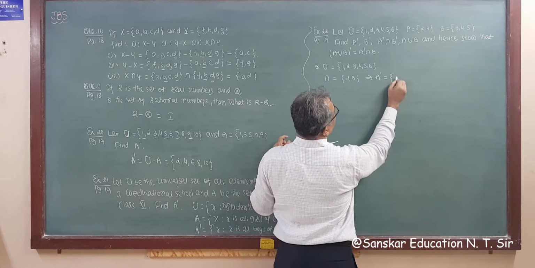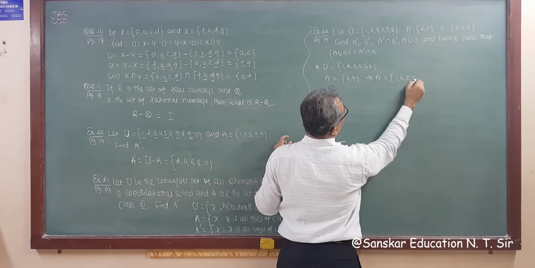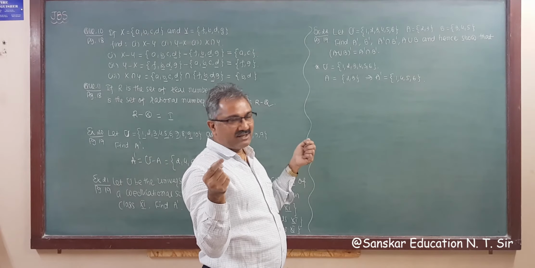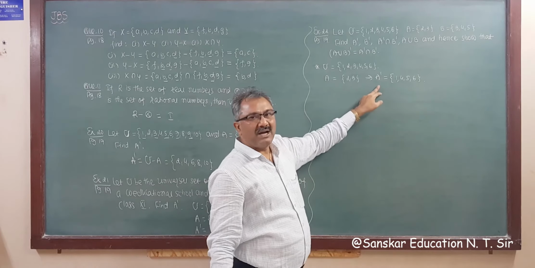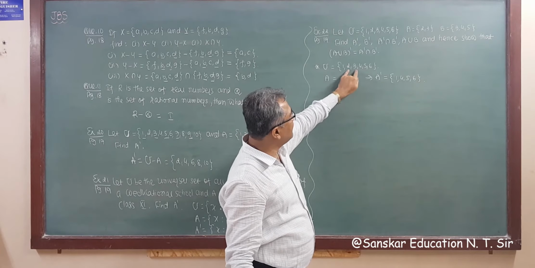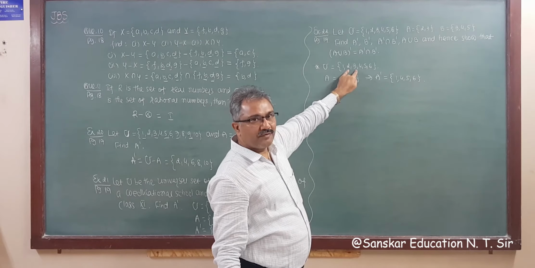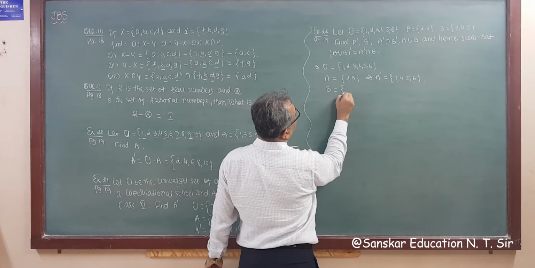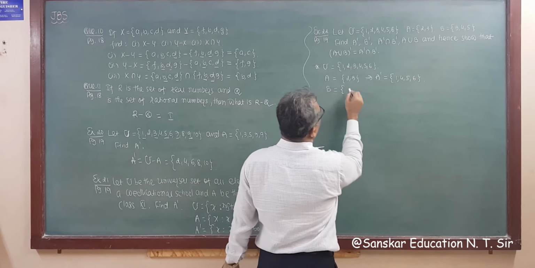So A dash is {1, 4, 5, 6}. Now you are master in subtraction, means difference of two sets, and A dash is U minus A. So remove 2, 3 from this, so remaining is 1, 4, 5, 6, right? Set B is given, what is set B? {3, 4, 5}.